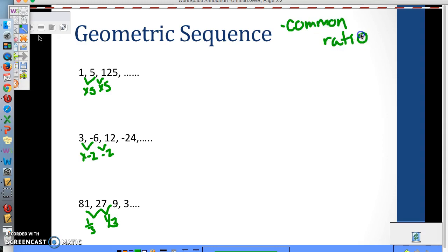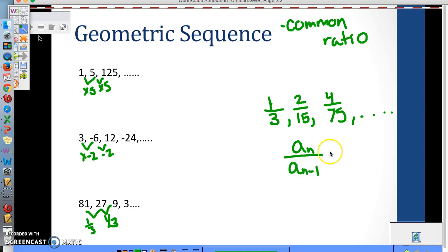ratio. Now, sometimes you might look at one and you might be unsure what the ratio is. For example, what if we had 1/3, 2/15, maybe 4/75? Well, what is this ratio? To find any ratio, we take a term and divide it by the term before.